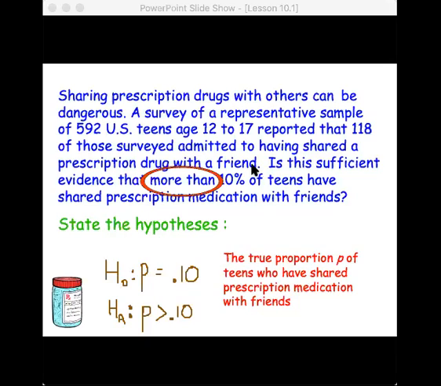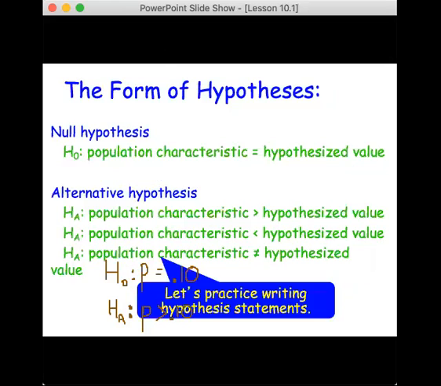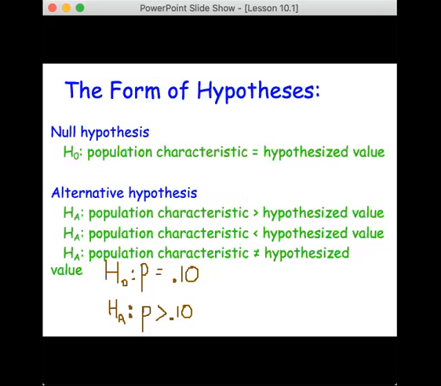Less than or equal to, that is not an option. Yeah, so if you remember, if I go back a few slides, these are your only 3 options. So that's why it is greater than. Those are your only 3 options.